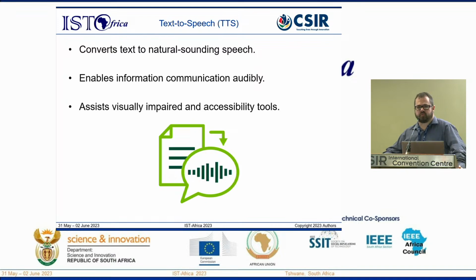It's used in various applications, for example, for print disabled or visually impaired people who need to read something, then the TTS system can read it to them. It can be used in voice assistance, navigation, when you use Google to find your way, audiobooks, early literacy applications, and accessibility tools.